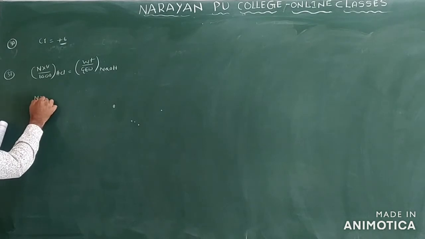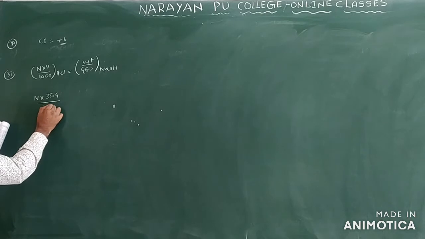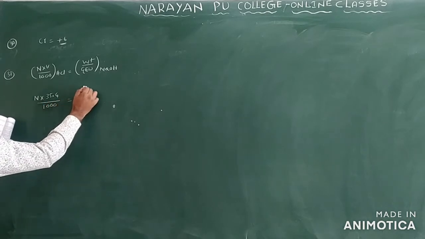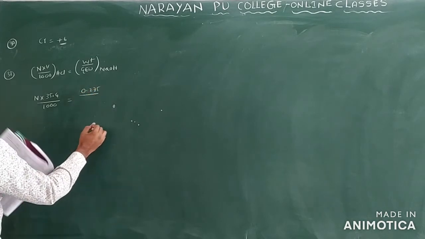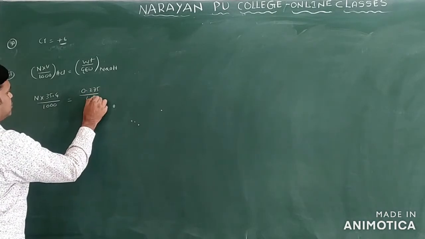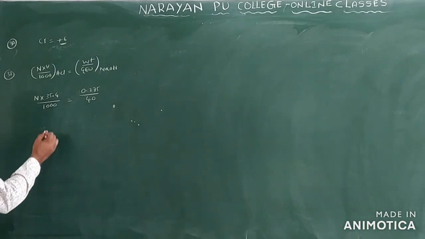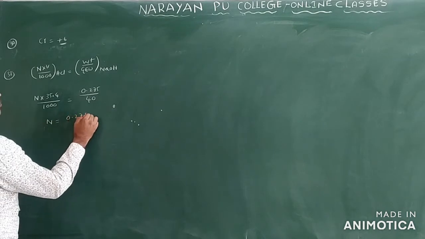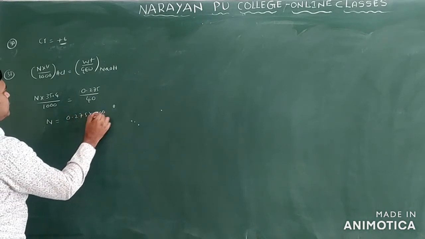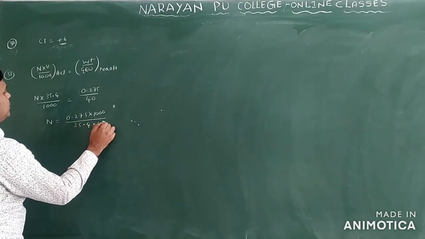Normality can be found out. Volume is given here, 35.4 into 1000, that is equal to weight. How much is given? 0.275. Gram equivalent weight of NaOH, how much here? 40 only, because its N factor is how much? 1, already discussed here. Now we can find out normality. Normality is equal to 0.275 into 1000 by 35.4 into 40.